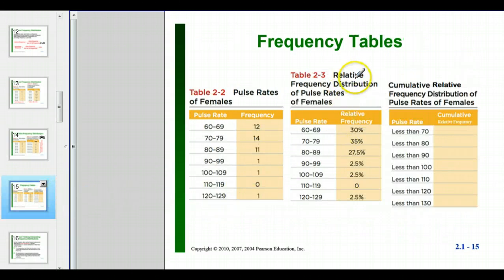And then cumulative relative frequency, same thing. We start off with this as our initial percentage. But then we're accumulating relative frequency. 65 plus 27.5 is 92.5%.